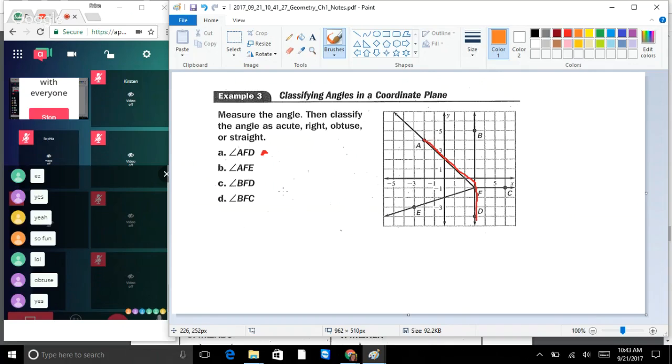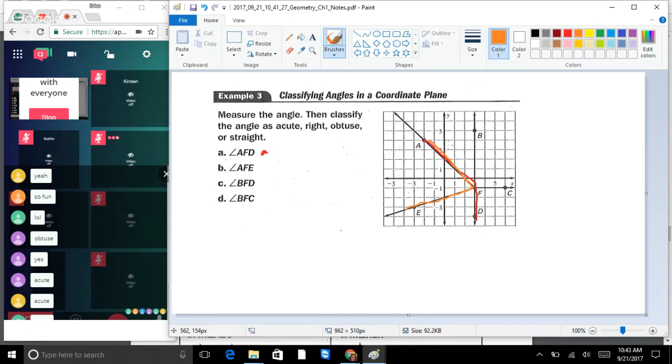All right. What about angle AFE? AFE. What do you think? That's the orange one. Obtuse, right? Acute. Yes. I see a couple of acutes on there. That's going to be an acute angle. It's less than 90 degrees. Nice job.